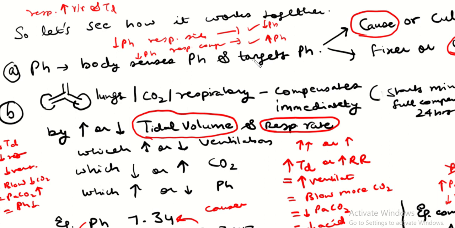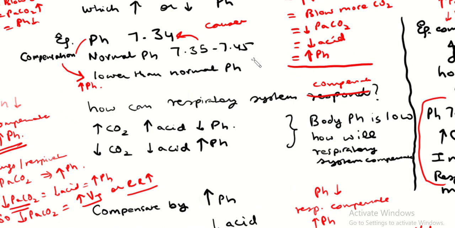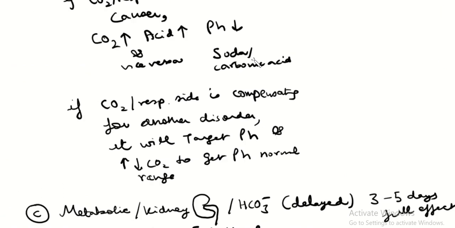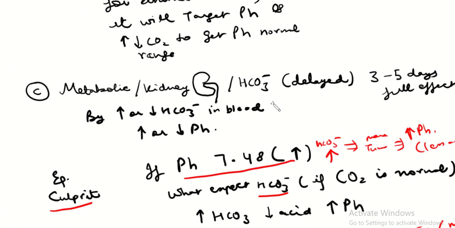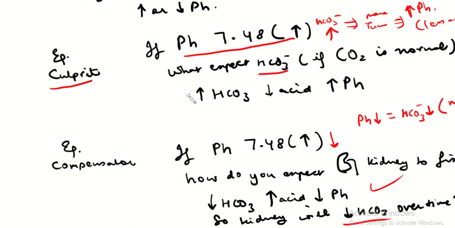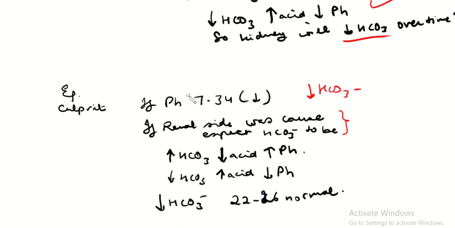Okay, and then we did a few examples and discussed what was culprit and what was the causer. And then we talked about the metabolic side with bicarbonate, which is delayed and happens in the kidney. And again, if it's the culprit, if it's a causer, and then if it's a compensator, what would it do? Okay.